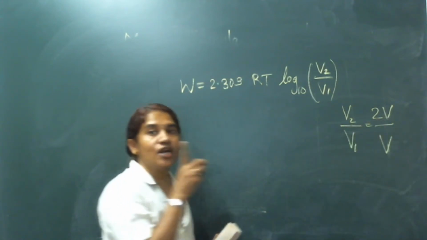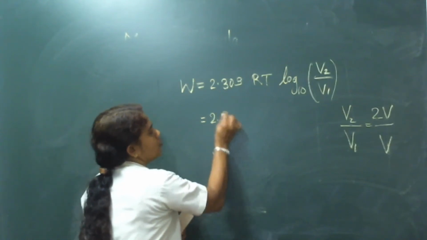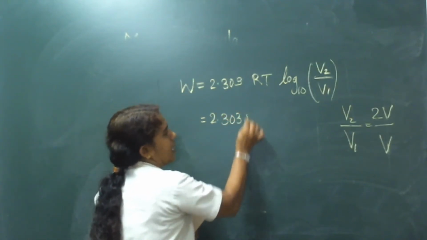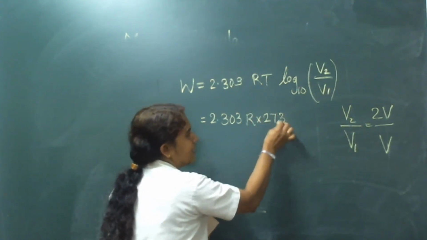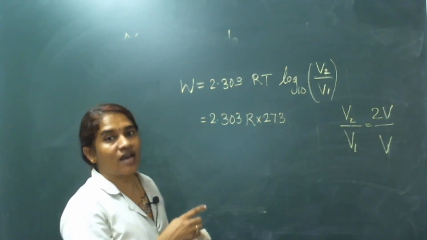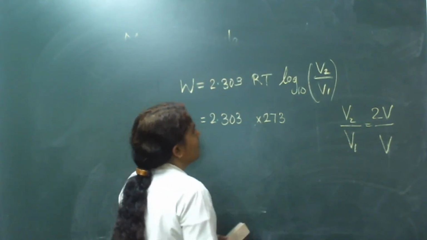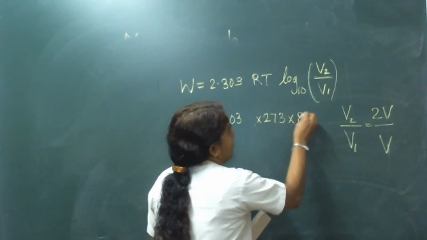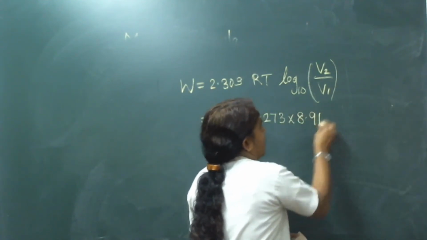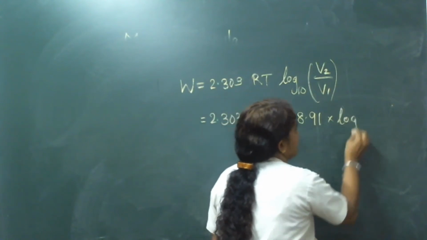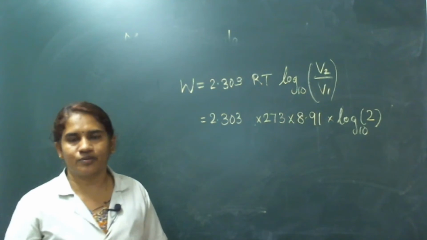That means it is 2. So the equation will be 2.303 into R, temperature 0 degrees means 273 Kelvin, and the R value given is 8.91, log to the base 10 of 2, since V2 by V1 is 2.